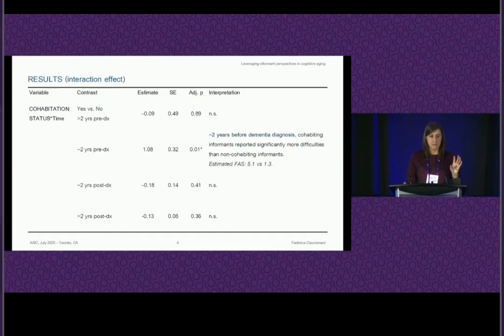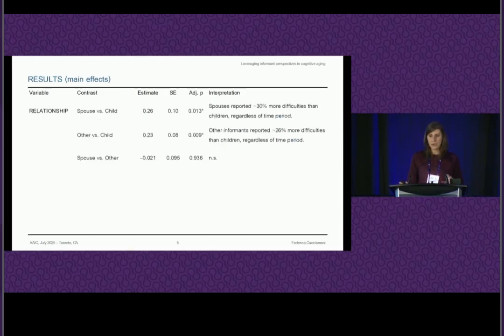And specifically in this period, cohabiting informants reported significantly more difficulties than non-cohabiting informants. And we estimated FAS in this period. It was 5 for cohabiting and 1 for non-cohabiting, knowing that the cutoff for dependency is 9 in this score. So this was the only interaction effect that was significant.